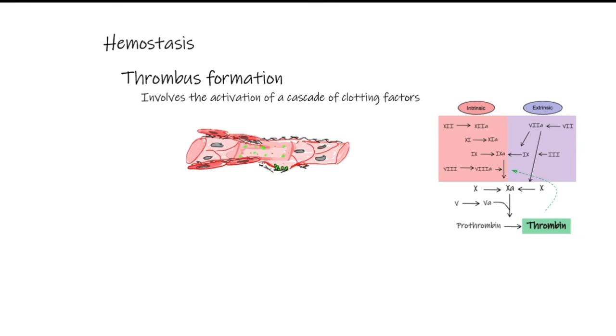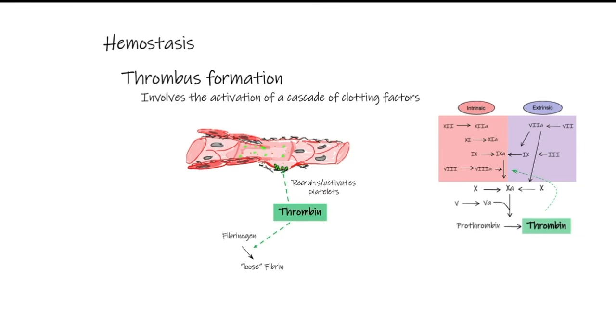And this will produce a burst of thrombin, another example of positive feedback. Now that we have this burst of thrombin, thrombin does several things. Here locally at the site of injury, thrombin is going to have procoagulation effects. It is going to recruit and activate additional platelets.